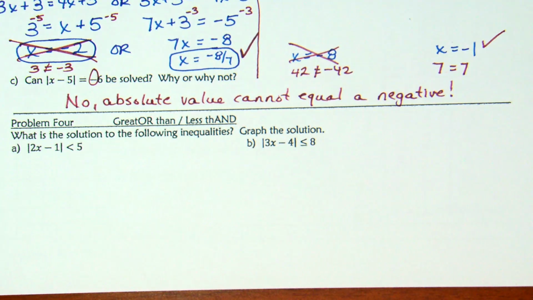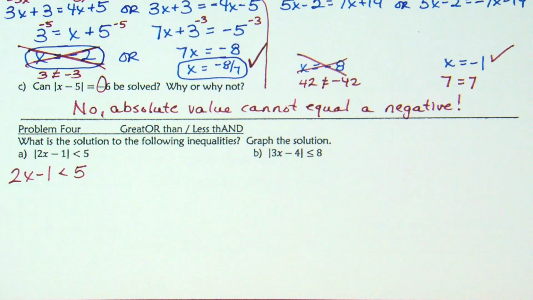Now, okay, because we're working with inequalities, I need a word from you. We either need to set this up as an and statement or an or statement. And how we know if it's going to be an and statement or an or statement is looking at the sign. What sign is this? Less than. When we talk about absolute value inequalities, you'll hear me say I'm a little different.